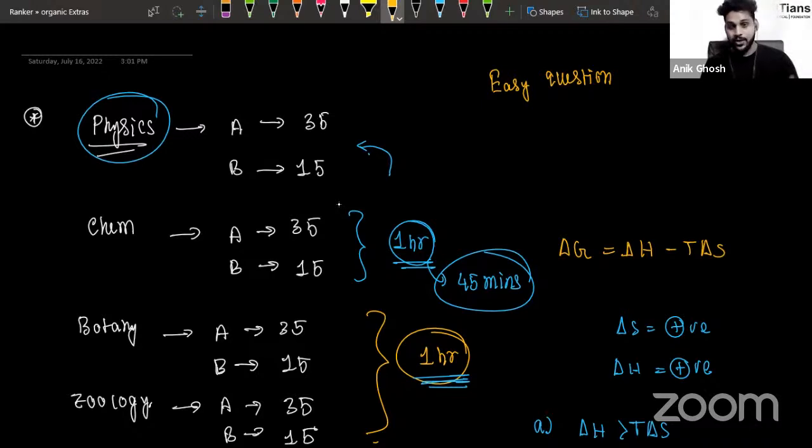So you should have a strategy for how you need to proceed, what subject you should start with. Easy questions first, whatever the subject is, whatever the topic is. Start with the easier ones, then go to the moderate, then go to the difficult ones. Segregate them right away in the beginning. So overall, this would be our target.